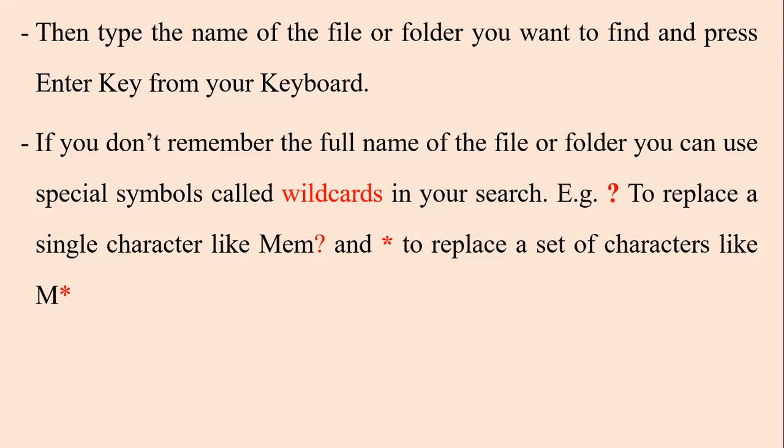But if you type mem question mark, it will just look for all the names that read M-E-M followed by a single character which you don't remember. For example, meme, memi, memo, memp, etc. So the question mark replaces a single character in the name of the file you are looking for, while the asterisk replaces a set of characters.